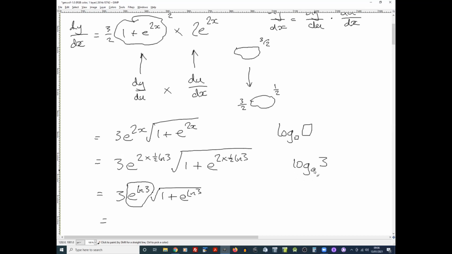So what we're saying is, if you raise e to this power, this whole thing, you will get 3. So just using the definition of a log, when we raise e to this thing, which is the power we have to raise e to get 3, then we're going to get 3. So this thing here simplifies to 3.